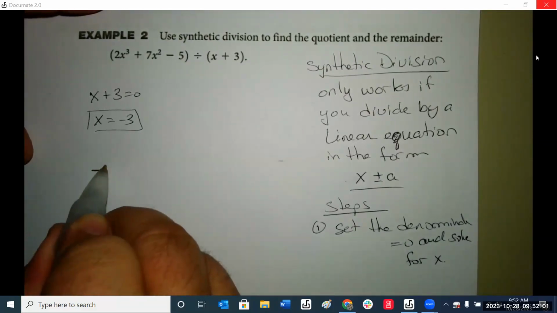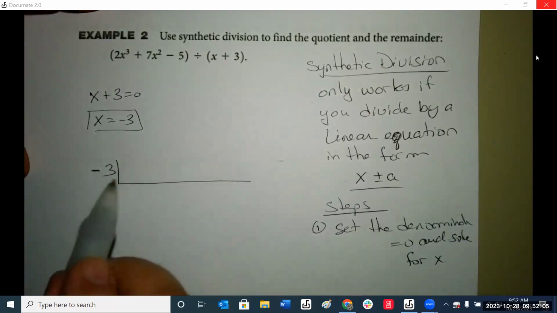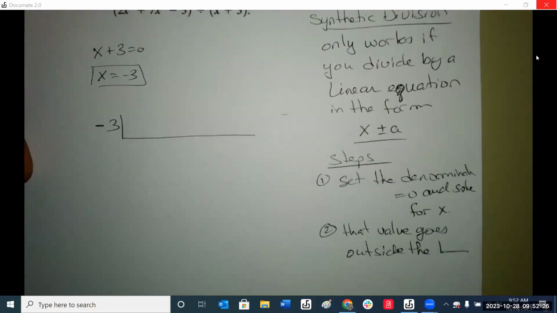So that goes outside the dividing. Remember, synthetic division looks like that. That value goes outside the upside down thing.